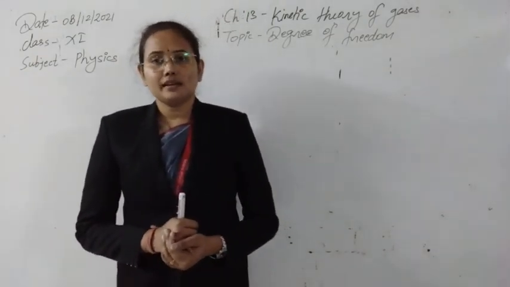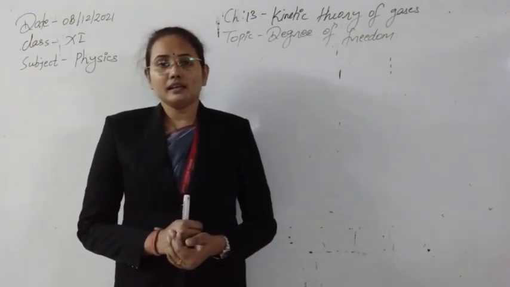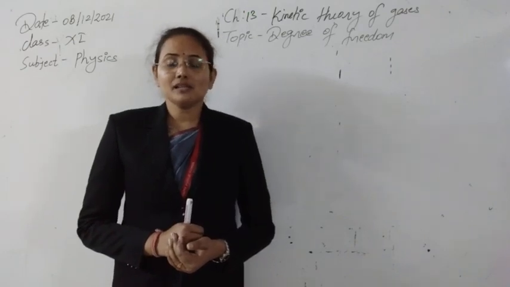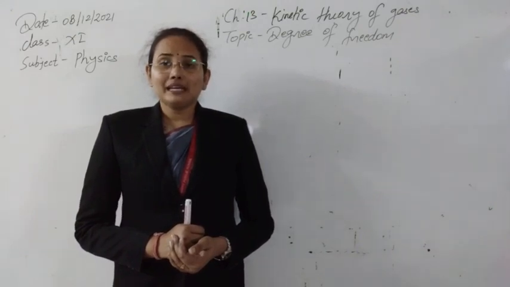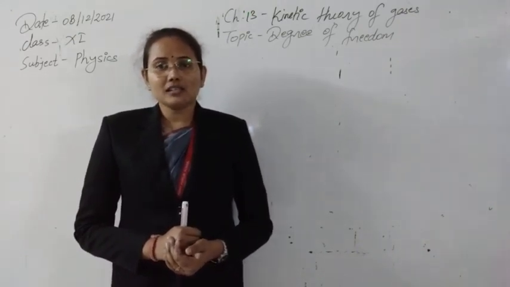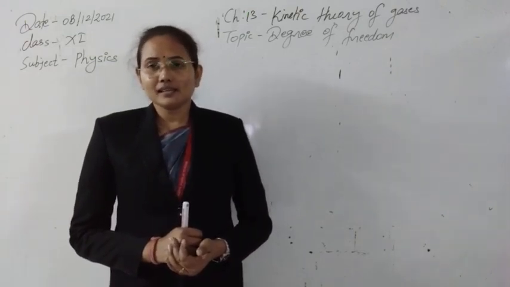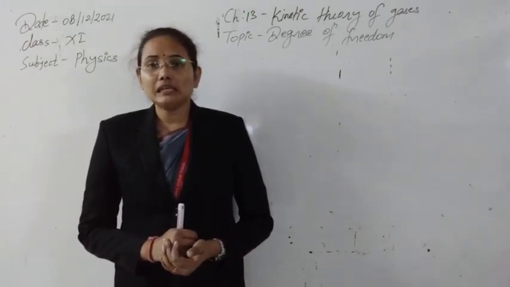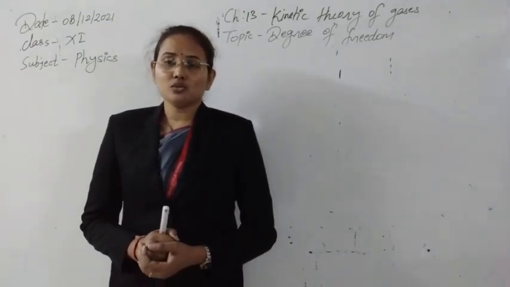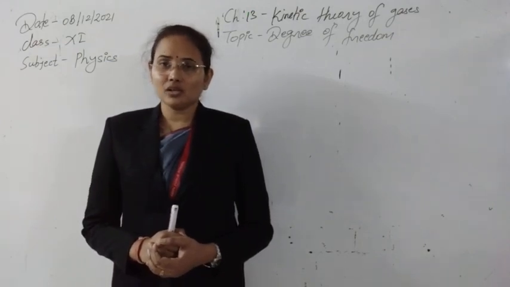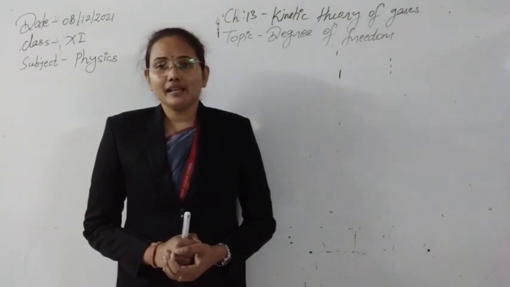If a particle is in space on the earth, which is three-dimensional, then to specify completely the position of that particle we need at least three coordinates x, y and z, along the x-axis, y-axis and z-axis with respect to any frame of reference. So the minimum number of coordinates to specify the position of any particle is 3, and that is called degrees of freedom.